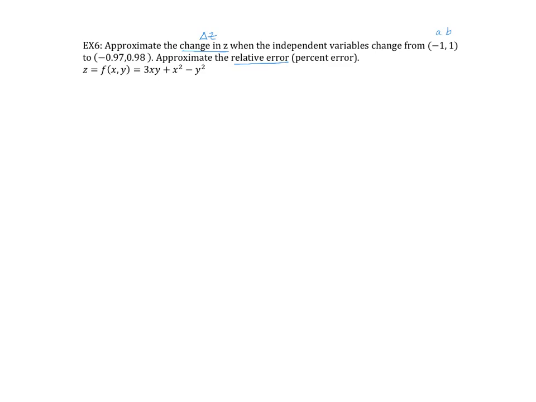We're given our function z, which is 3xy plus x squared minus y squared. And our delta z, our change in z, is approximately equal to dz. Remember that's equal to the partial derivative with respect to x, evaluated at our point AB, which is negative 1, 1, times the change in x, plus partial derivative with respect to y at negative 1, 1, times the change in our y value.